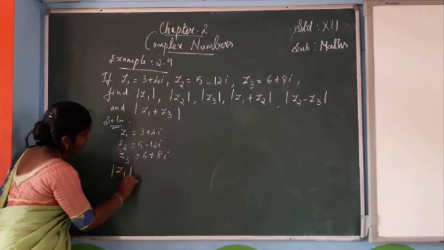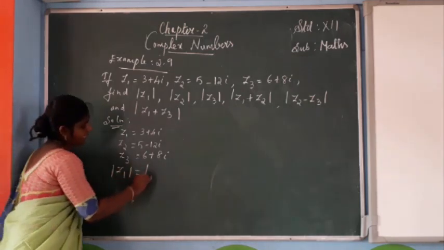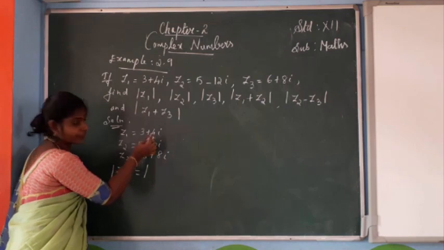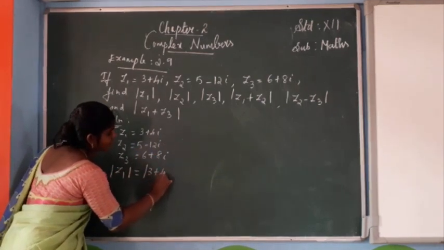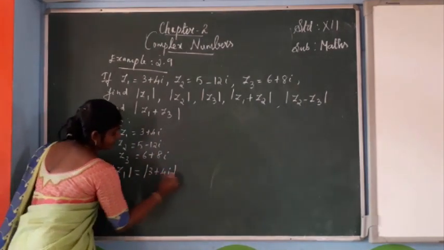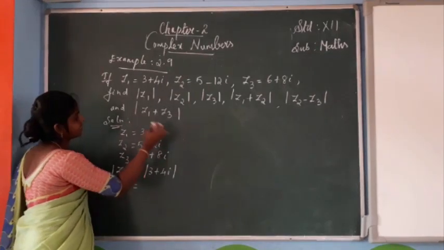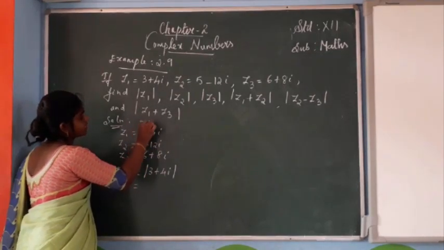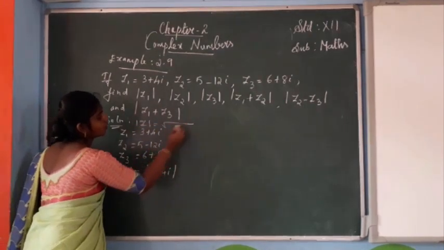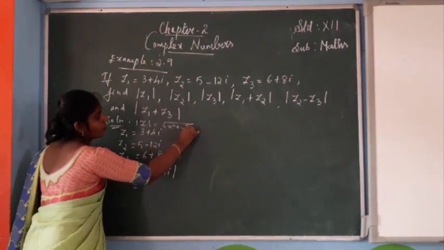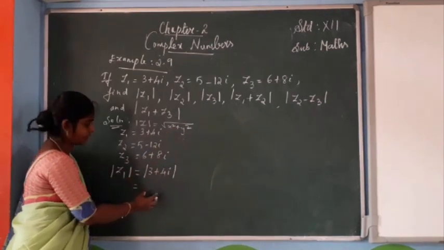Modulus z1 is equal to modulus of 3 plus 4i. We have the formula modulus z is equal to root of x square plus y square. You can apply this formula here.